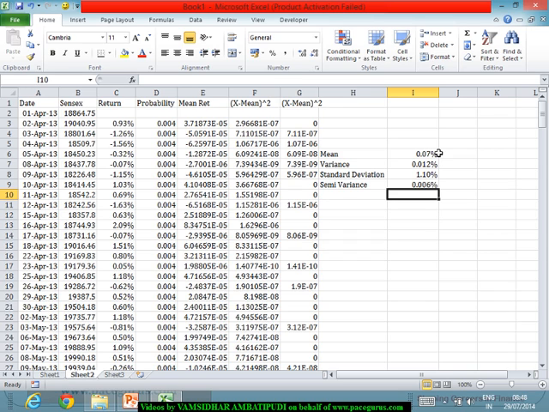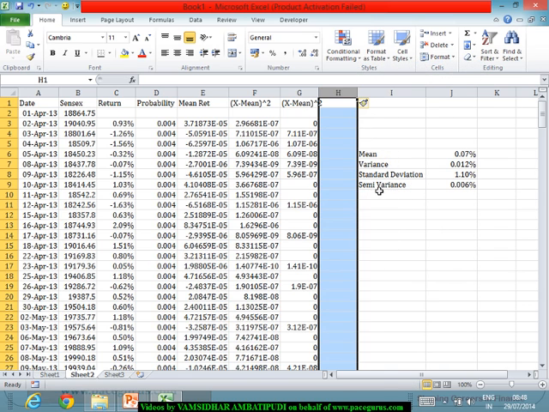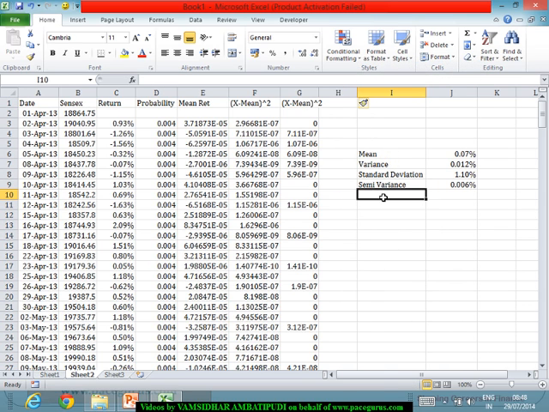Some of the values which were not included earlier may come into the inclusion now. So not all the data is taken into consideration for the measurement of the risk. Only those occurrences whose values fall below the mean are considered. But yes, otherwise this is one more important measure for the risk.